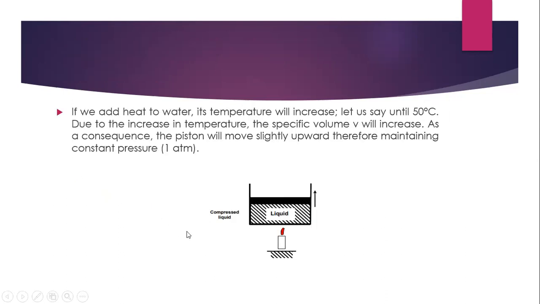In the next stage, by adding a little amount of heat to the compressible liquid, the fluid temperature rises from 20 to 50 degrees Celsius. Due to that, the volume of matter increases due to the addition of heat, so the piston moves slightly upward. Therefore, we can maintain a constant pressure inside the cylinder.